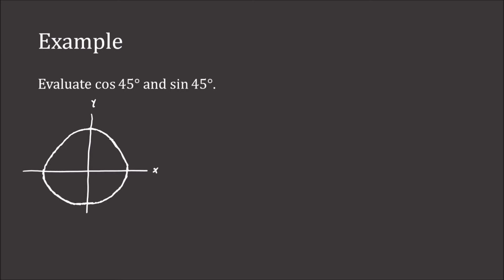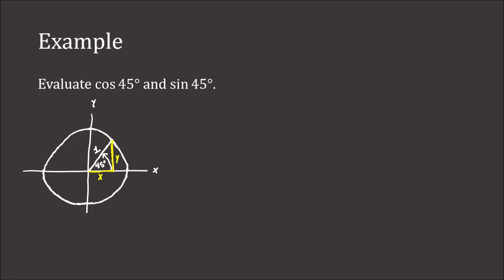Okay, so 45 degrees would be right about here. Now, since it is the unit circle, we know that this length right here is going to be 1. So here's what we can now draw. We now have a right triangle. Right? Here's x, here's y.